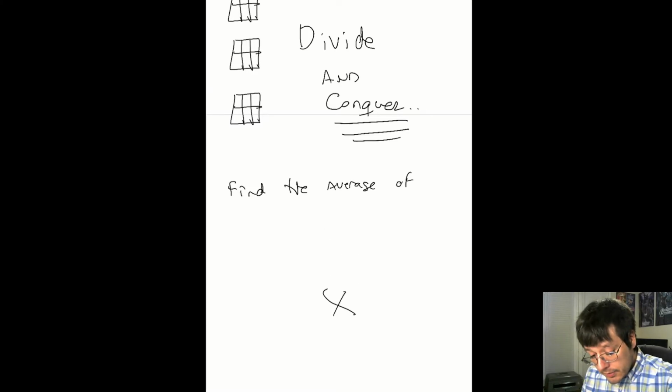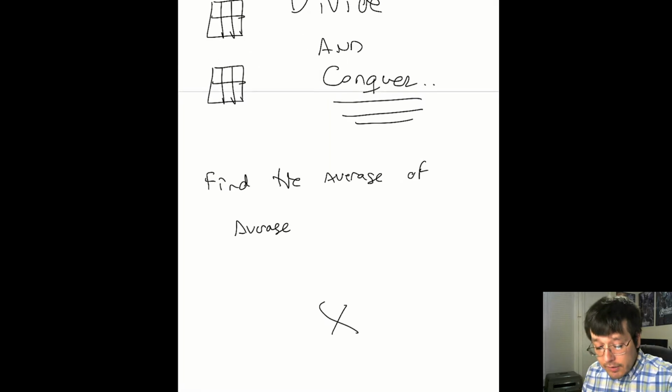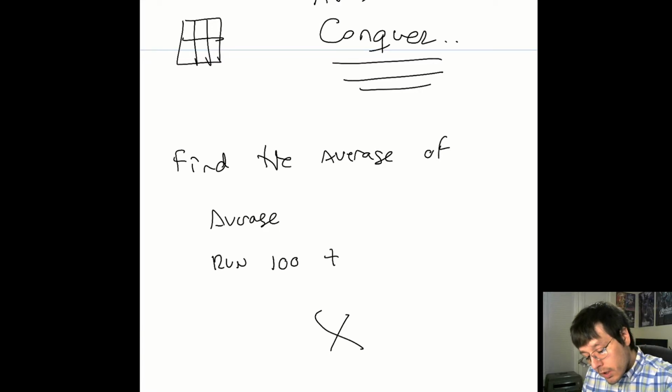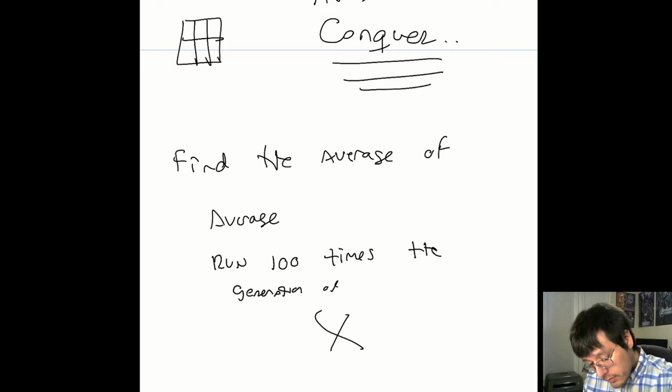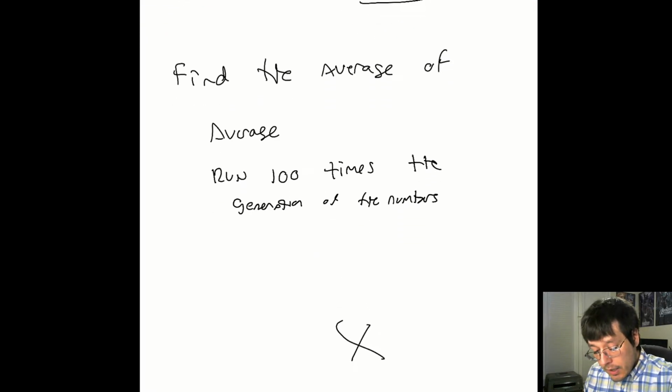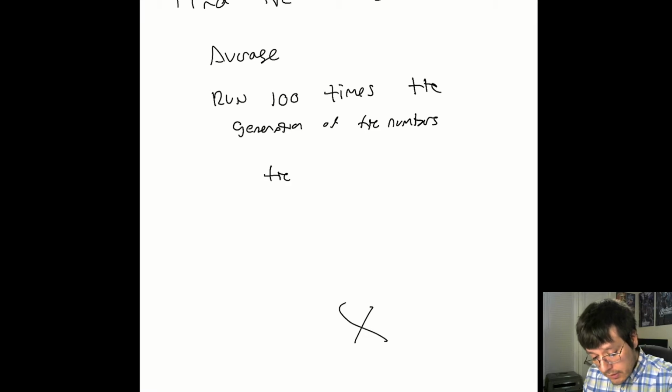Okay? So what I want to do is find the average of the average. And what I mean by this is I'm going to run this 100 times. So I want to run 100 times the generation of the number, and after I run it 100 times, then do X, right?